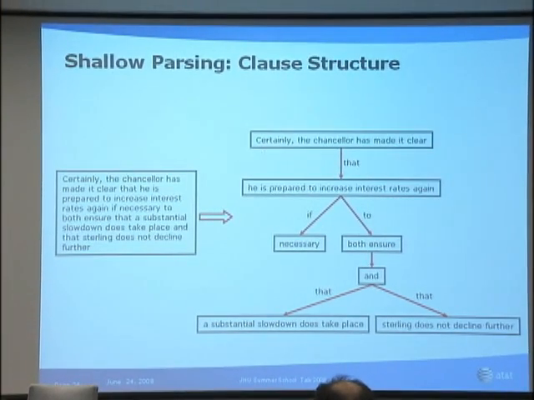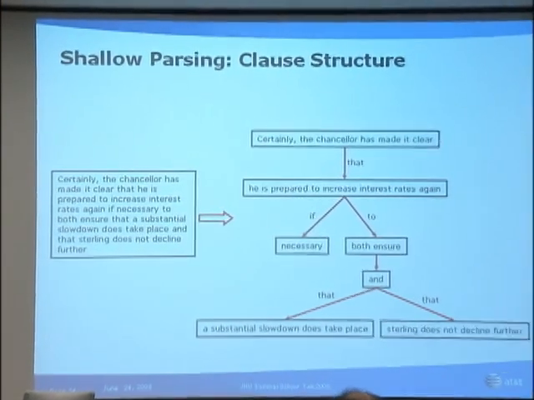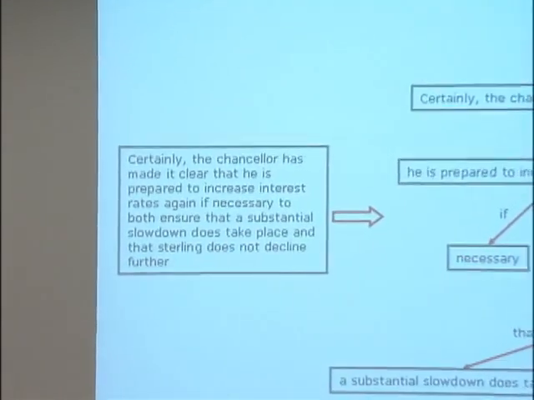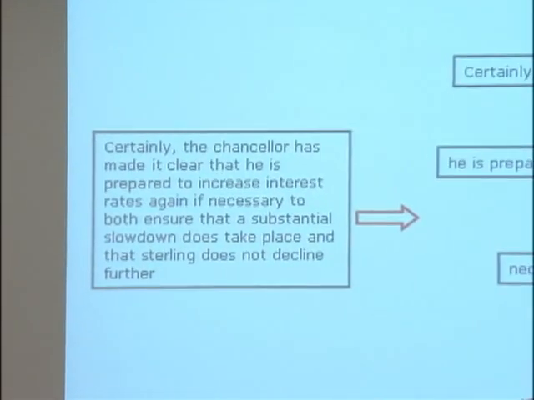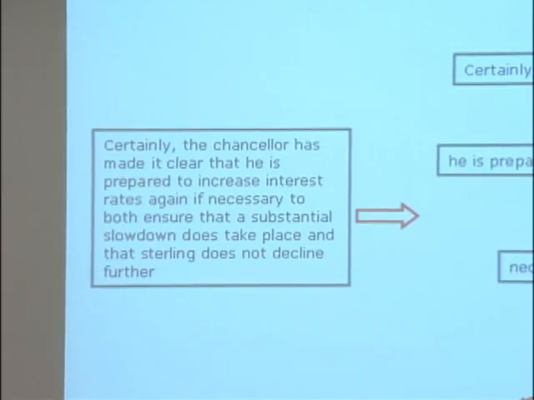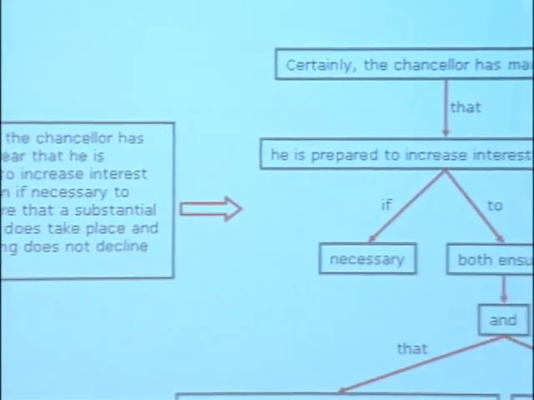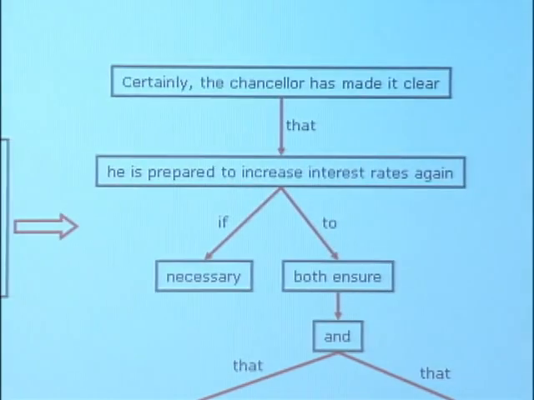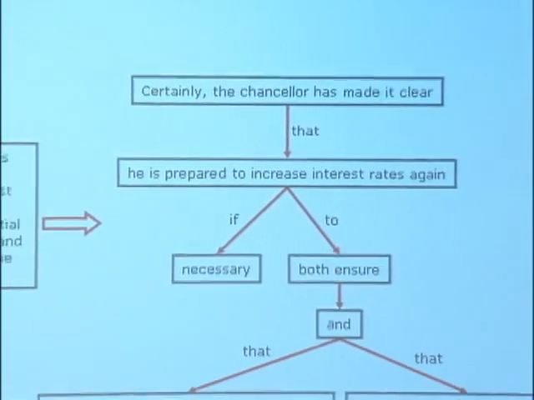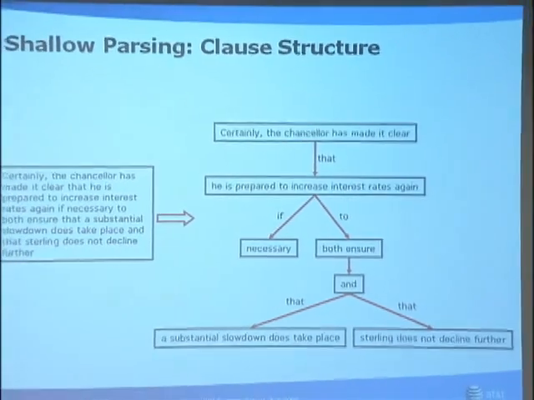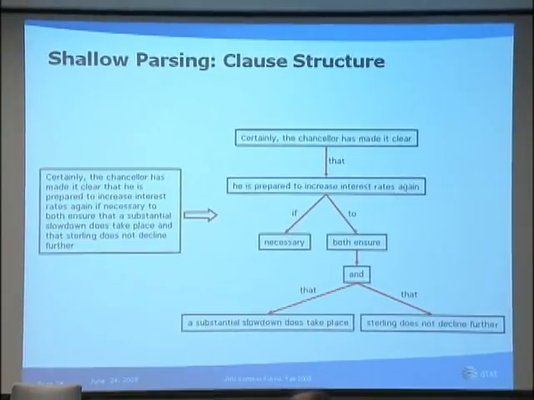Certainly the chancellor has made it clear that, and a clause if, and a clause here. This is meaningful for different applications because you have simplified the text into these smaller units, and you can do inference and reasoning on these smaller pieces instead of dealing with the text as a whole, unstructured piece of text.